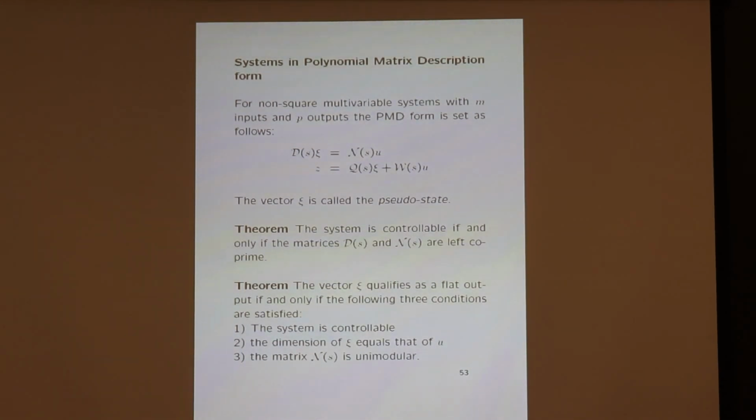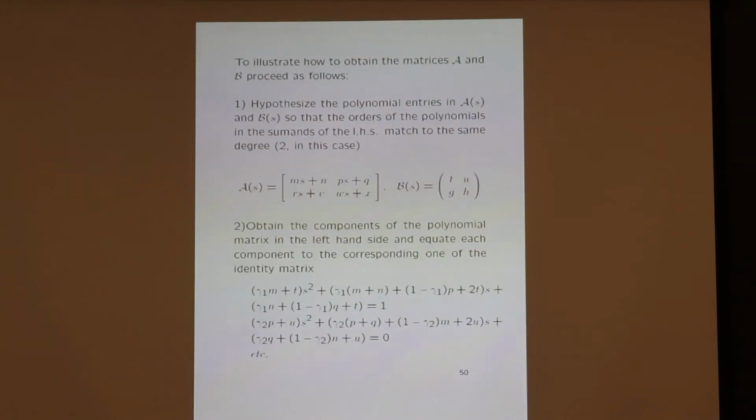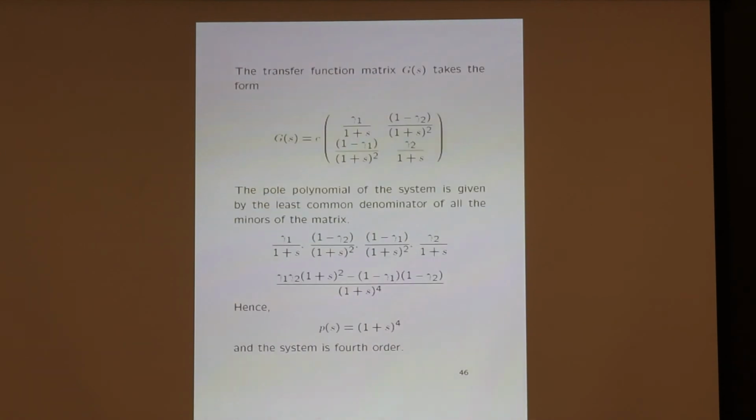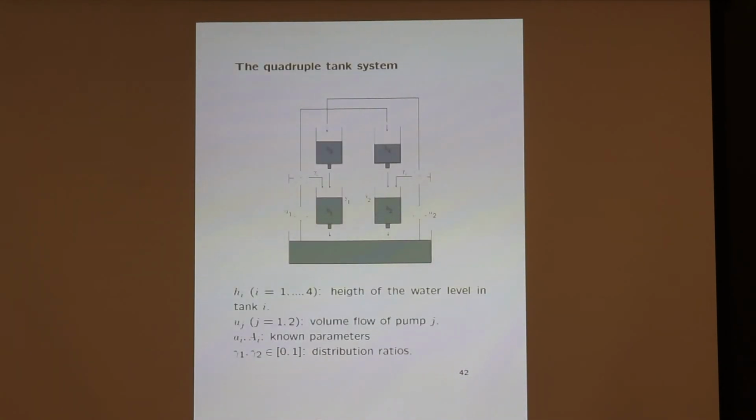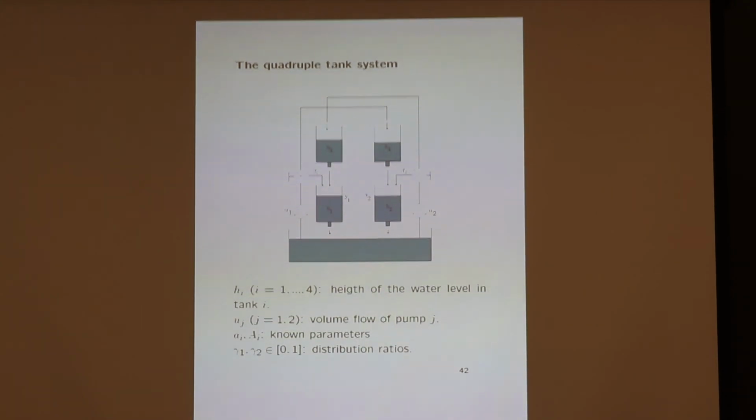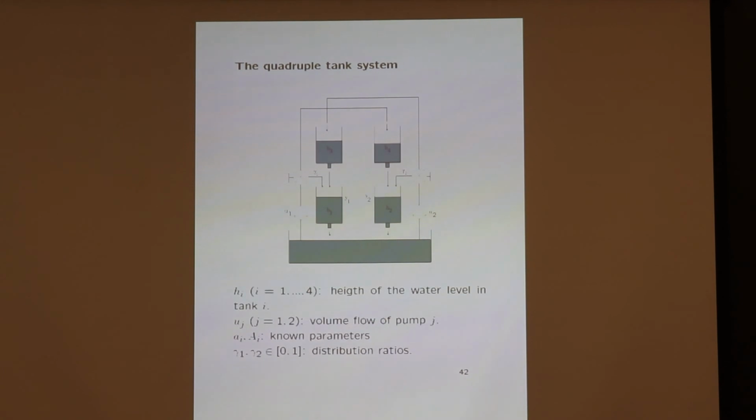And for this example, the poles determine the stability of the system, and the zeros determine the minimum and non-minimum phase properties of the system. This is a fourth-order system. Why?